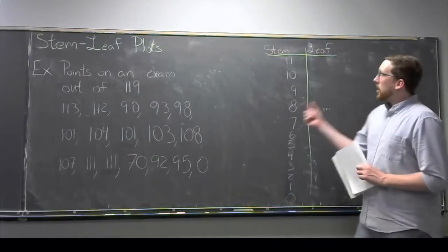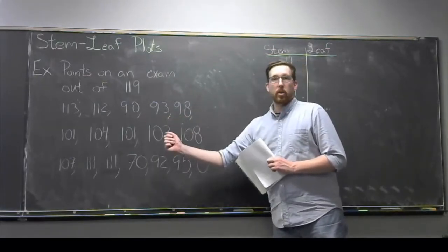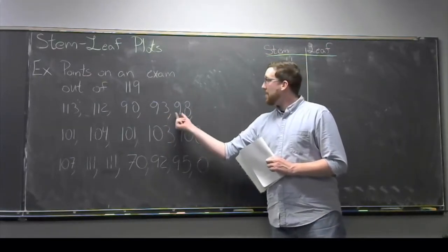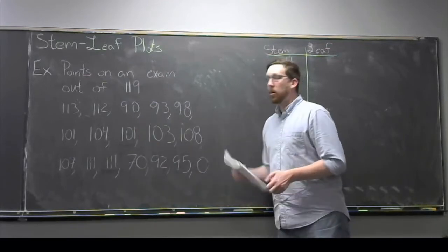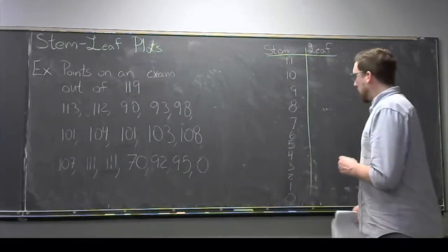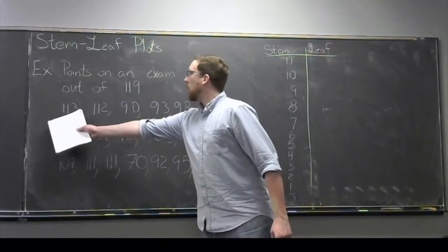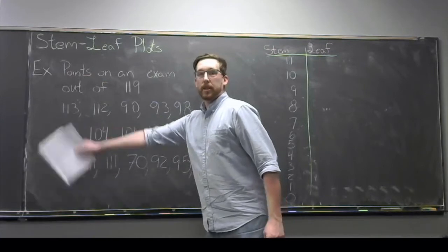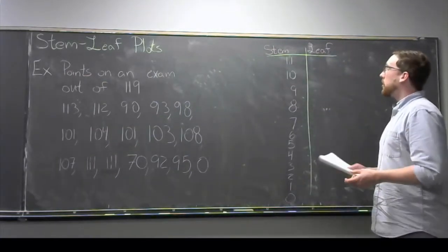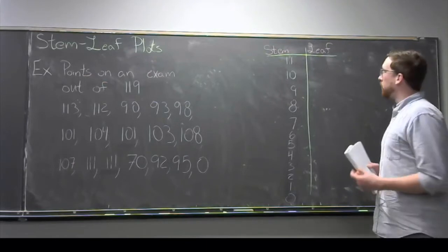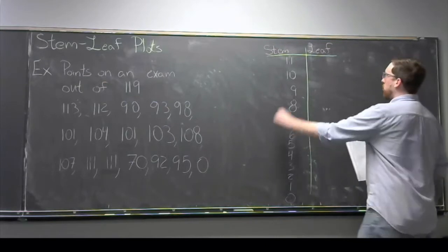A leaf is the unit value on every one of these numbers, and a stem is everything other than that unit value. Let's look at this first value, 113. Well, the leaf would be 3, so the stem would be 11. So we have 11, and we'll write down 3 here.